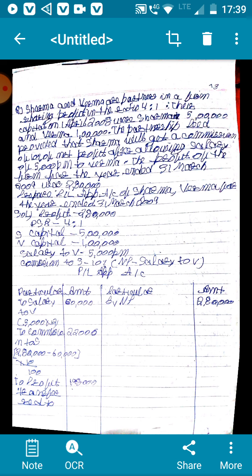Commission to Salma is 22,000. That is 2,80,000 minus 60,000, deducting the salary to Balma from net profit, and then we take 10% of that amount, which gives 22,000, the commission to Salma.